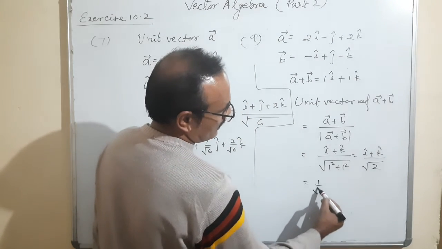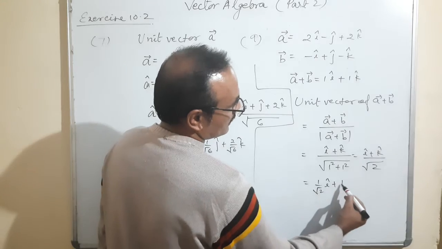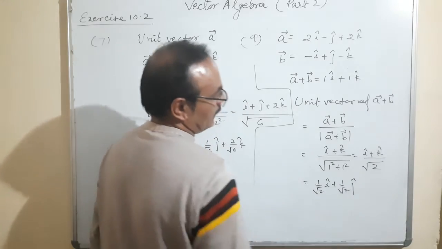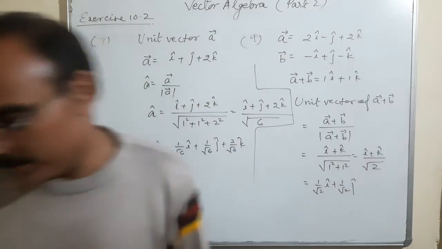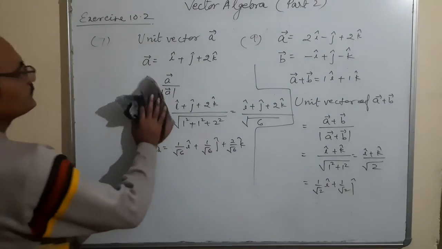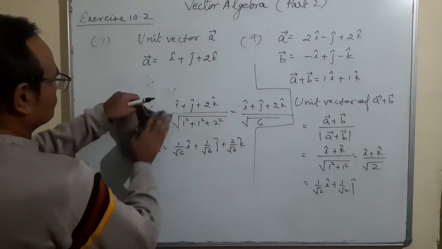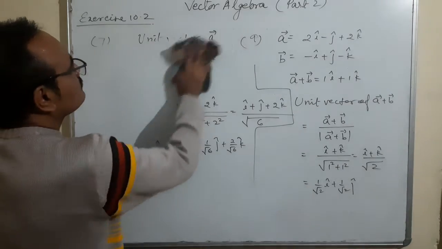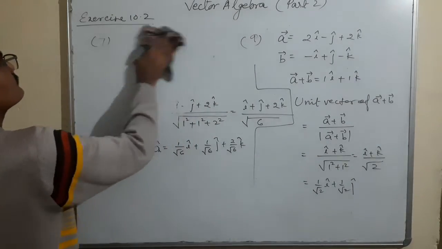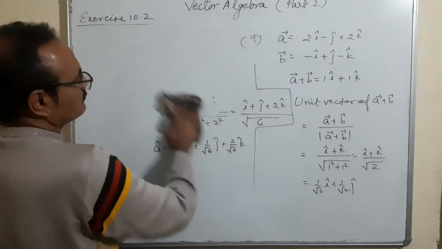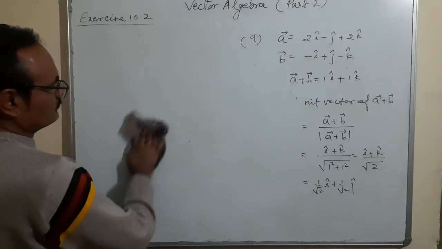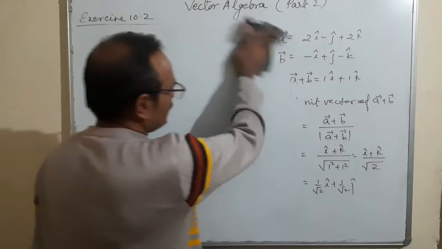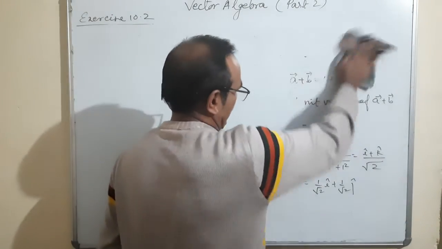So 1 upon root 2 i plus 1 upon root 2 k. This is the unit vector along the direction of vector a plus vector b. So I hope you are enjoying this chapter, vector, everyone.